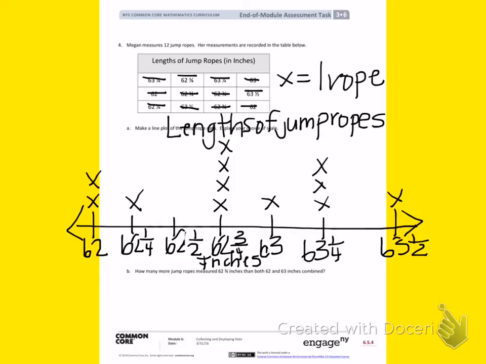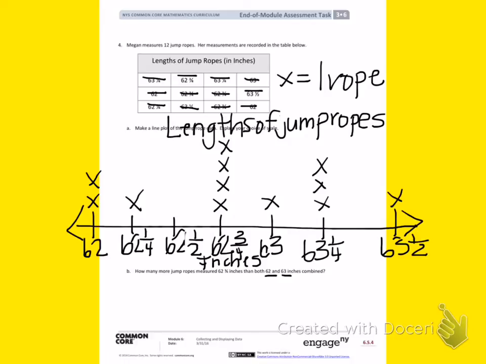Letter B. How many more jump ropes measured 62 and 3/4 inches than both 62 and 63 inches combined? To start, I need to find out how many jump ropes were 62 and 63 inches combined.